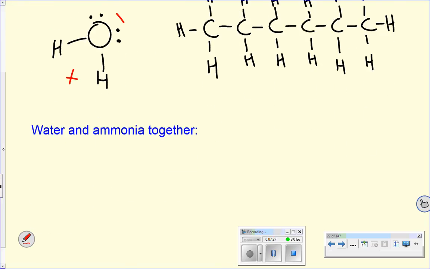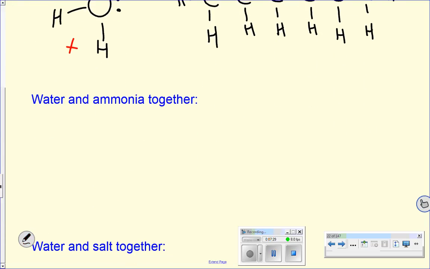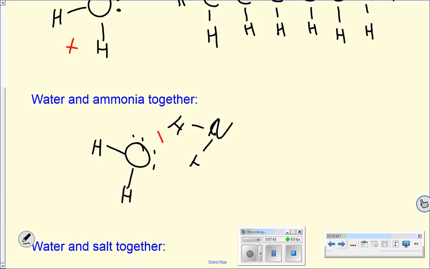On the other hand, if we put water and ammonia together, what actually can happen here, we have this little bit of negative right here. Ammonia, which is also polar, is like, hey, you know what? I got some hydrogens, and my hydrogens are a little bit positive.